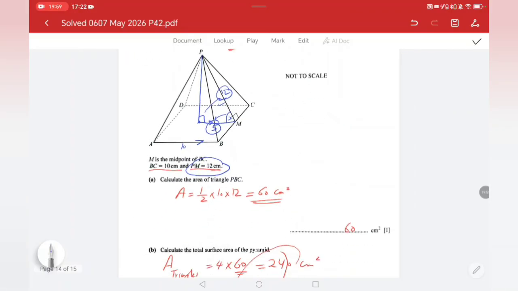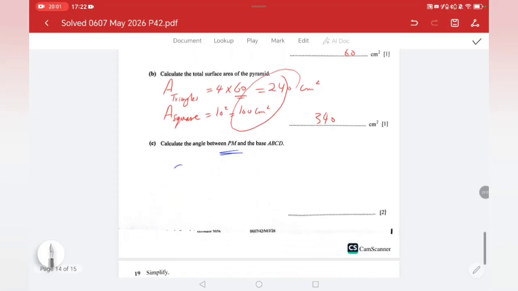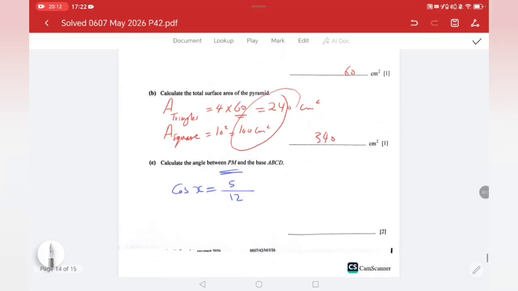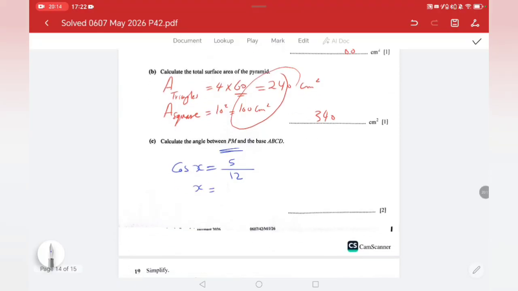So we'll use cosine. So cosine x equals the adjacent 5 divided by the hypotenuse, which is 12. So x is the cosine inverse of this fraction.